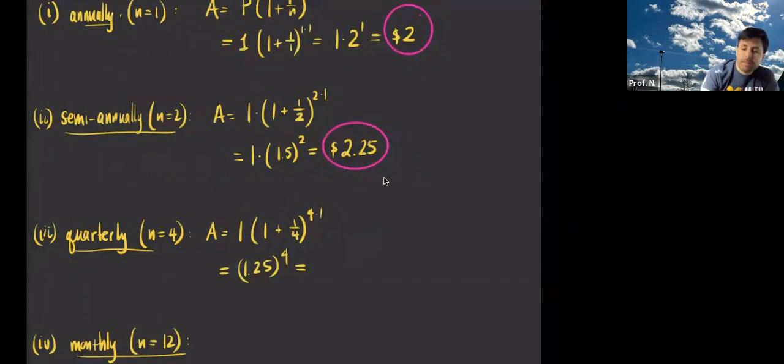Round it to the nearest cent. That's right. Thank you, Felipe. 2.44, right?